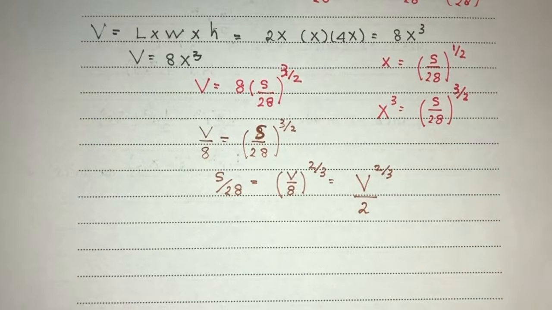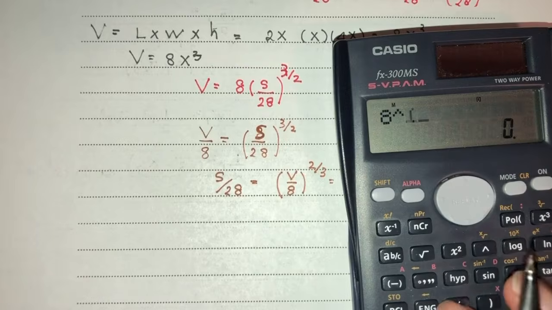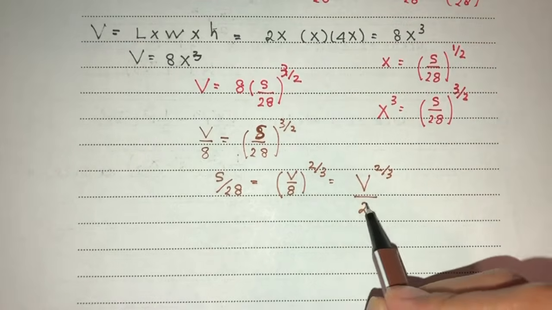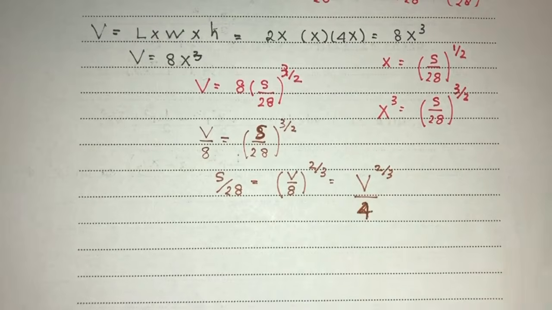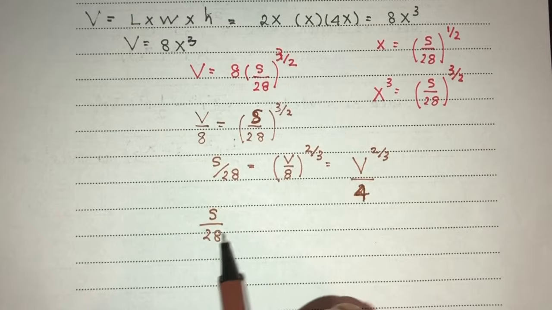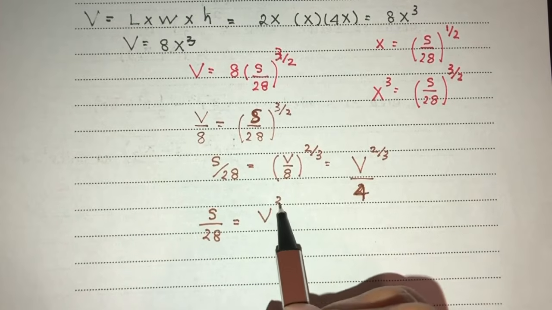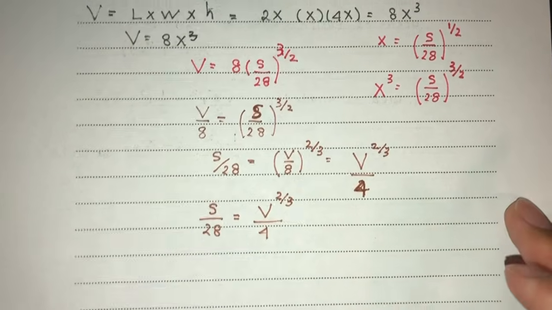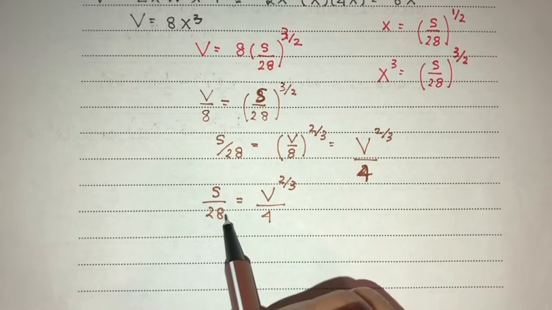Now let's see what we have. Oh no, this is not 2, because let's try 8 power 2 over 3, that should be 4, not 2. That should be 4, the base become 4. So right now we have s over 28 is equal to v power 2 over 3 over 4. Now simplify, we have to send this one over here.